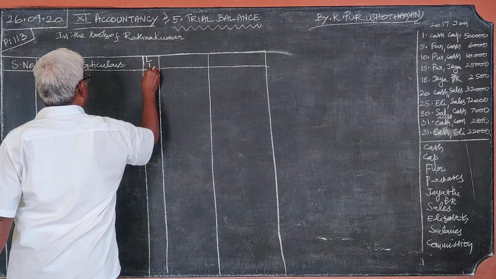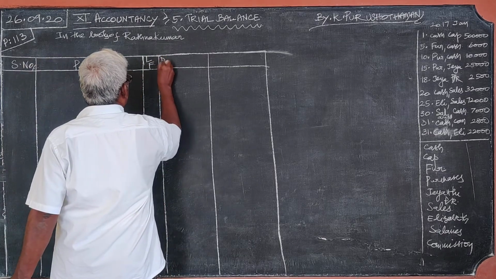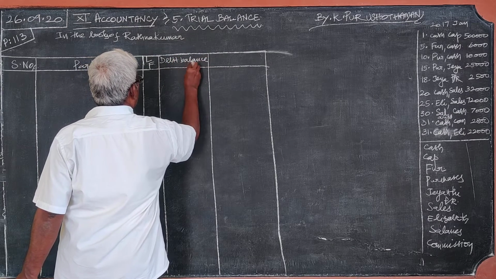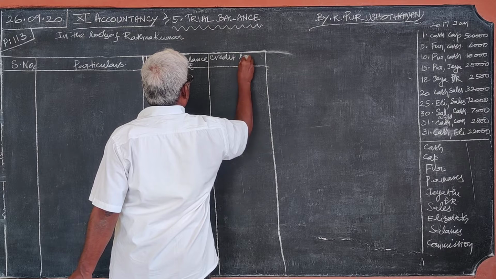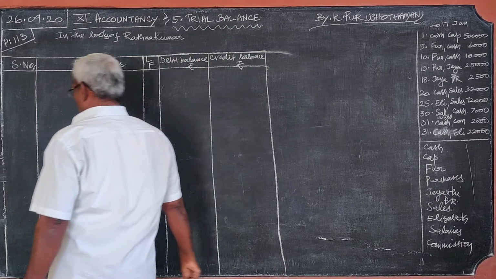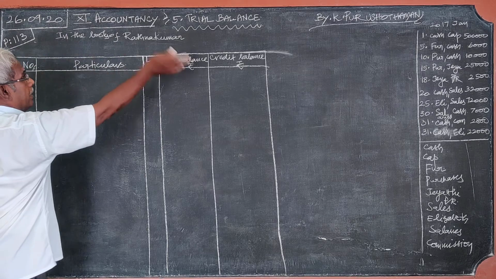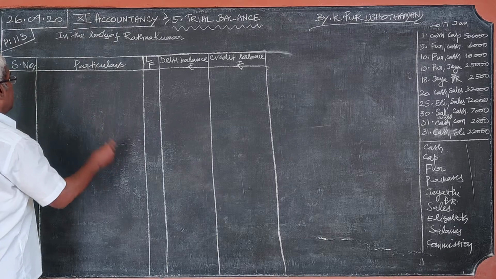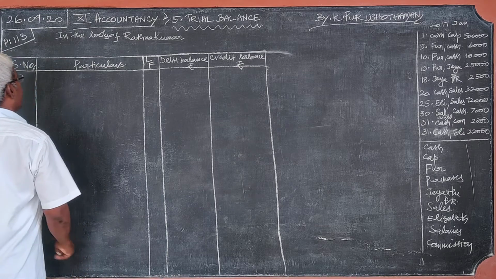We are going to write the items from ledger only, therefore ledger folio, debit balance, rupees, credit balance, rupees. Only for ledger account we write debtor and creditor at the ends, that is at the extremes. But journal and this trial balance are statements.